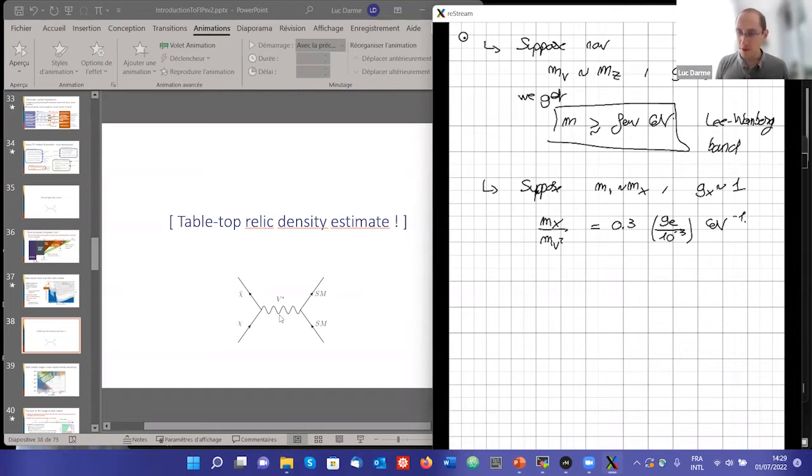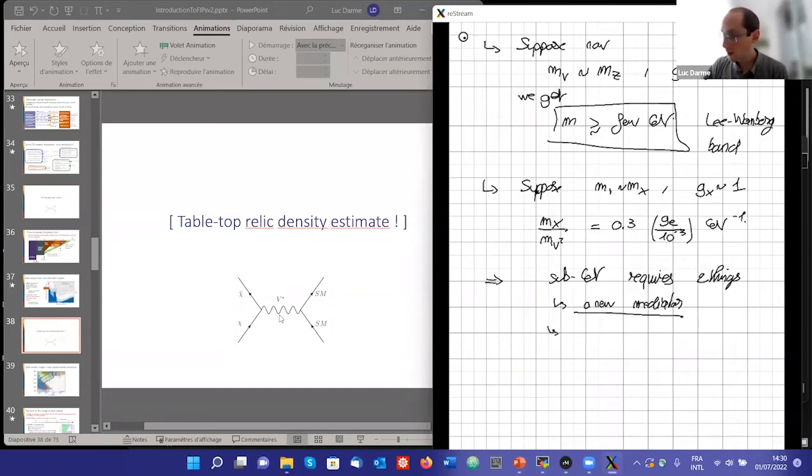So altogether, it means that if you use this kind of thing, having a sub-GeV dark matter requires two things that we will come back to later on. First, a new mediator, something that can interact with the dark sector and with the standard model, which is not an electroweak gauge boson, and tiny couplings to the standard model particles.